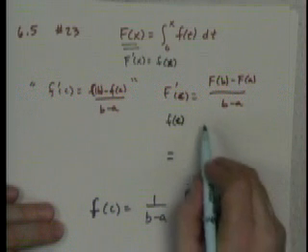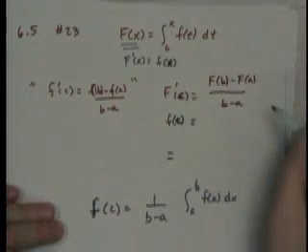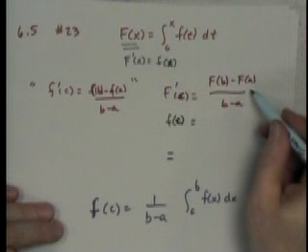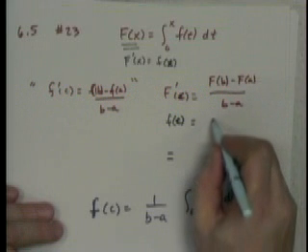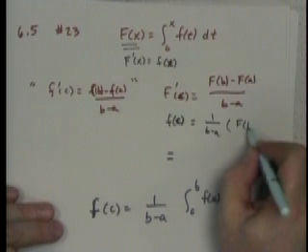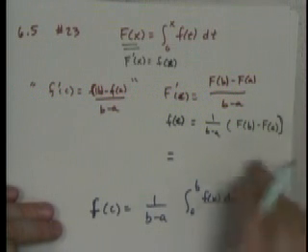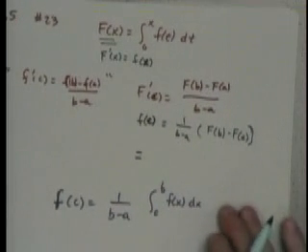You okay with that? And then this, so I have it now as f of c is 1 over b minus a times capital F of b minus capital F of a. I'm going to go on to a different page here.